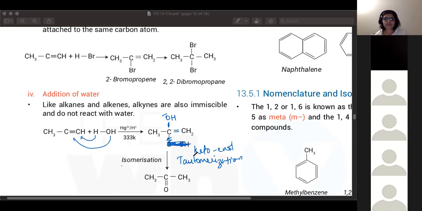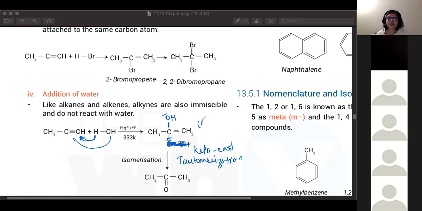What is happening? Alkynes don't mix with water, but if you change the conditions slightly, in acidic conditions, in the presence of mercury ions, water does get added to alkynes. So you've got H being added on one side, OH being added on the other side.